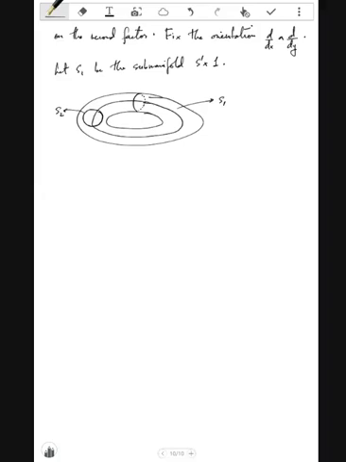So on S1 we give the orientation dx like this. Here we have the orientation dy, and on this S2 let's take this orientation.